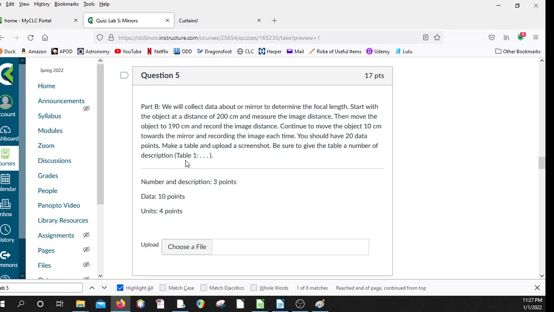Of course, give it a name like table 1, and describe what this table is. Just get a screenshot so you can turn it into an image or a PDF and upload that.